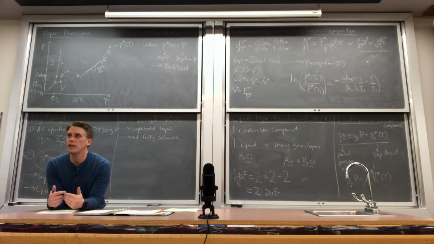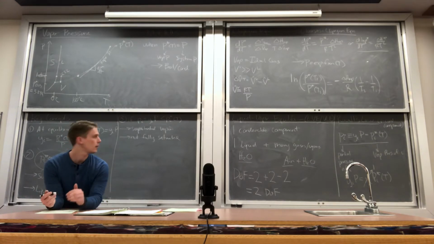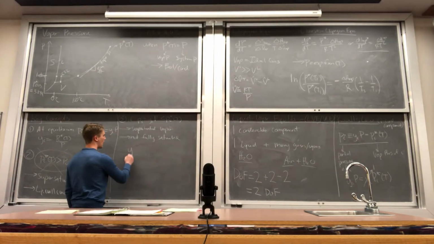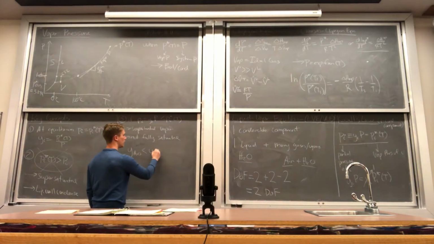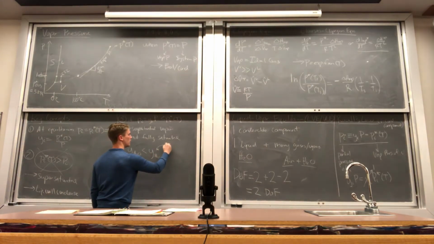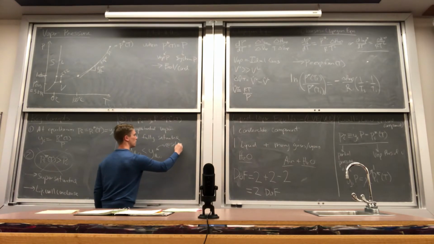So you can be underneath the Raoult's law prediction, but you can't be over the Raoult's law prediction. Right? So in this case here, the y of, let's say, water in air actually is less than the y of water at saturation, where this star means at saturation.